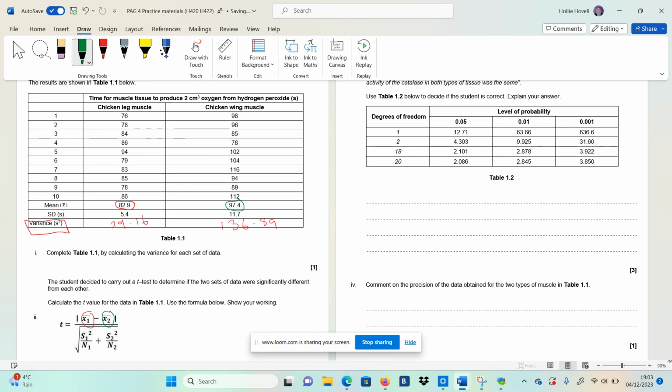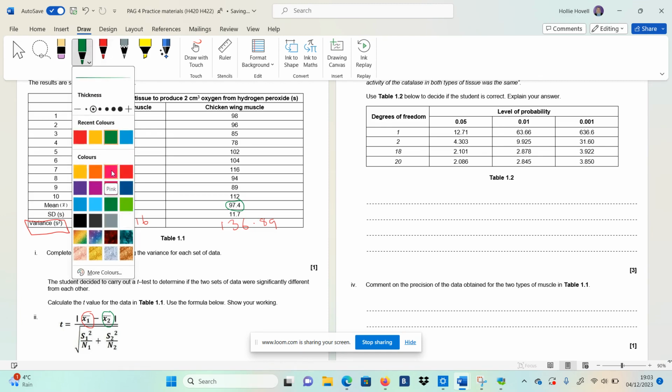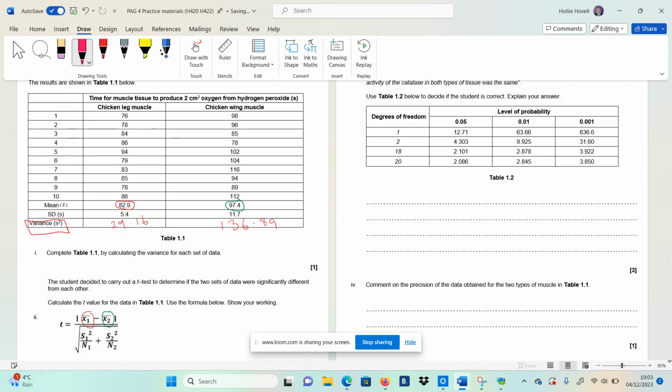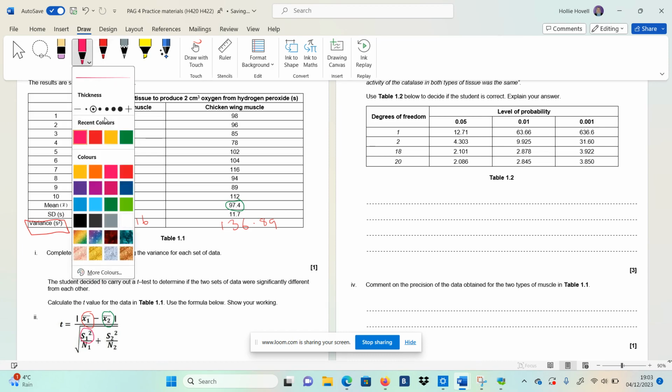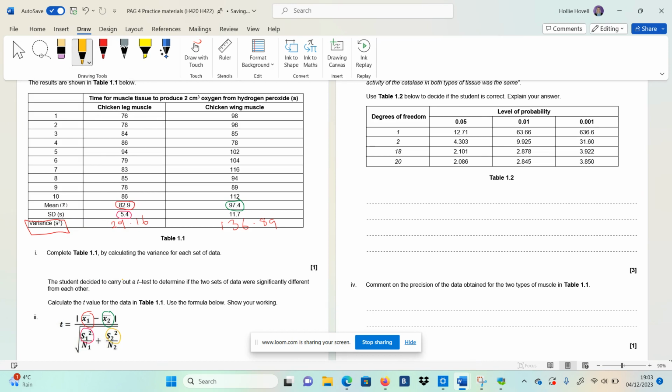Then you're going to divide it by the square root of, and then it asks for S, which is standard deviation. Look, so S1 squared, so that's your S1, 5.4, and square it. And then it asks for S2 squared.